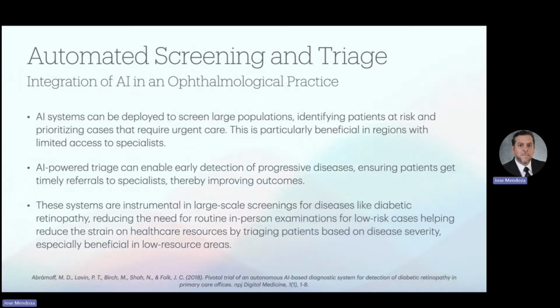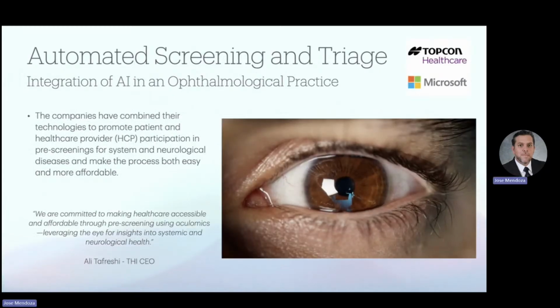These systems in large-scale screenings for diseases like diabetic retinopathy will reduce the need for routine in-person examinations in low-risk cases, and this will reduce the strain on healthcare resources. This, again, could be really advantageous in places like Latin America.